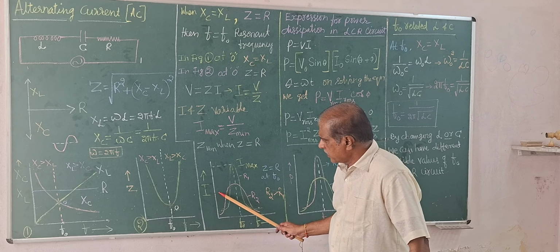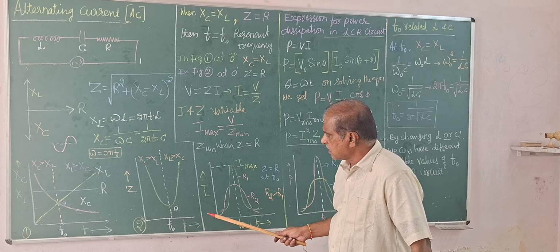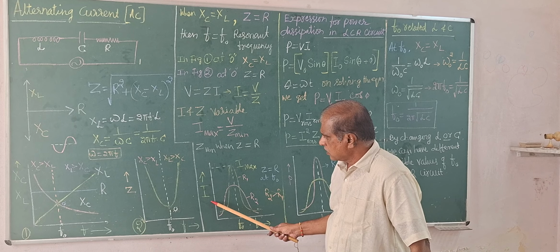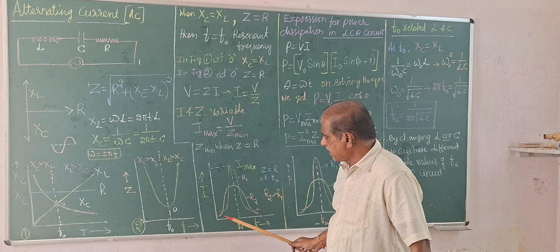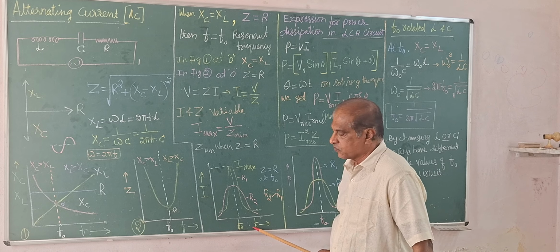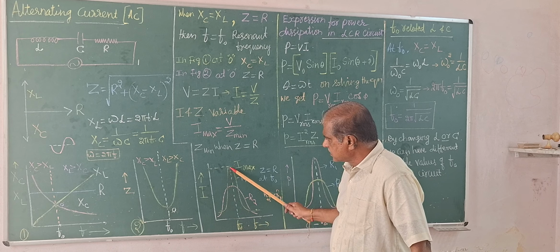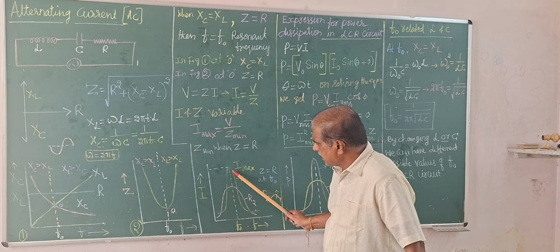By experiment we can understand using the same LCR. Experimentally we can measure current in the LCR at different frequencies and draw the graph. We get a graph like this. Why is this a graph like this?